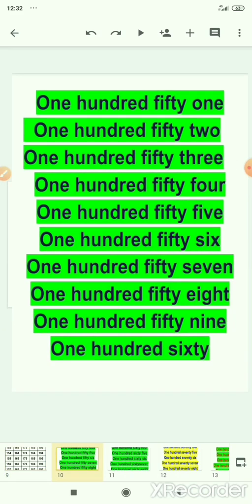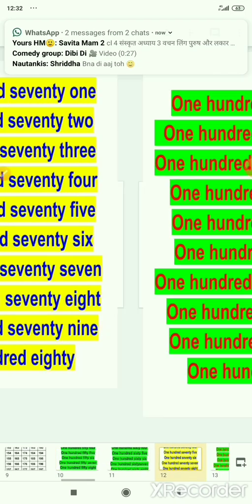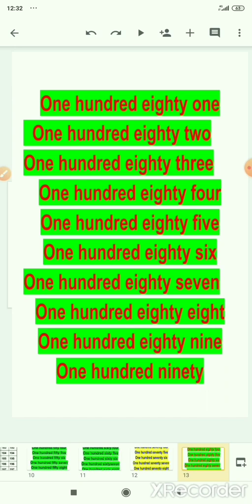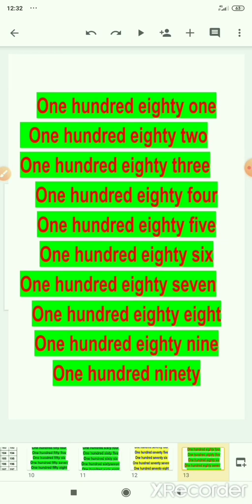We can see Roman numbers on buildings also. You can see here the Roman numbers are written. And this is a picture of the Statue of Liberty. It is in the US. Maybe you don't know much about it, but you may see this picture in the future also. So we call this the Statue of Liberty.